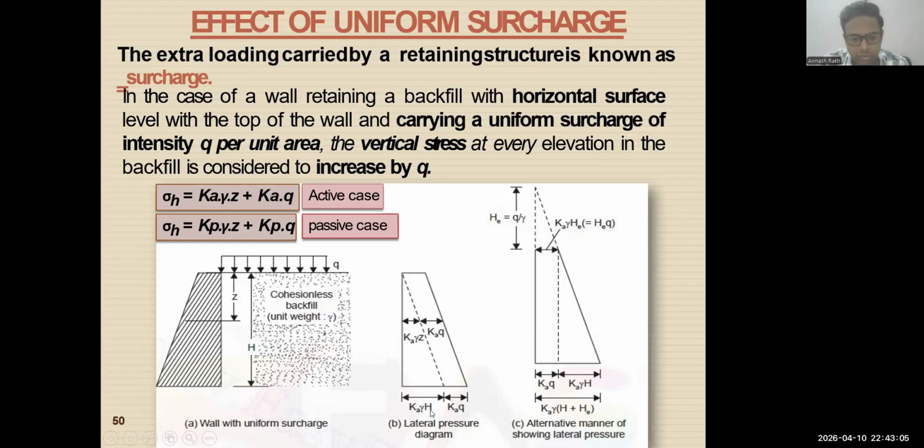So the total pressure will be Ka gamma H plus Ka q for the active condition, and for the passive condition, an alternative manner of showing it is Kp q plus gamma H, so K can come outside a bracket, gamma H plus q. So these are the formulas which will be required while solving the numericals based on the same concept for the effect of uniform surcharge.